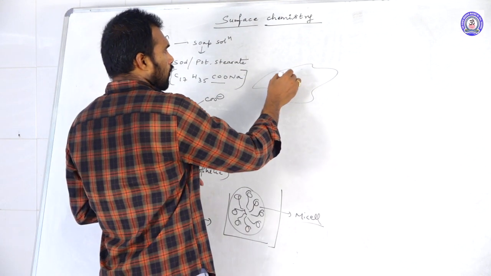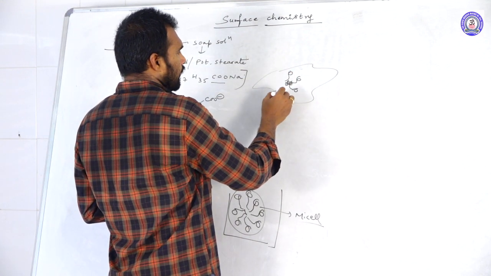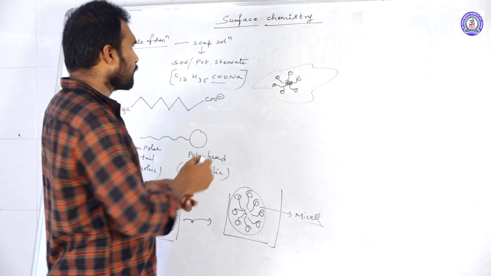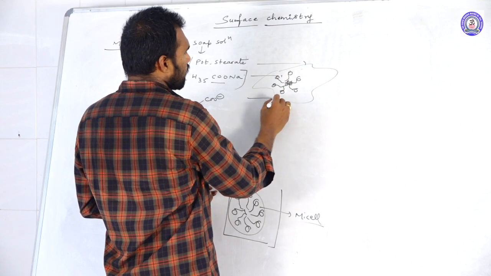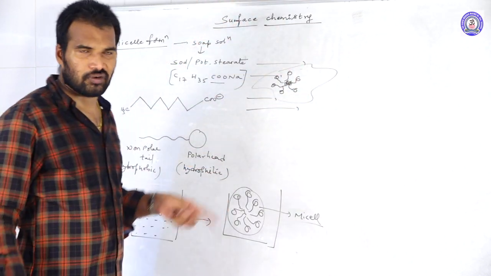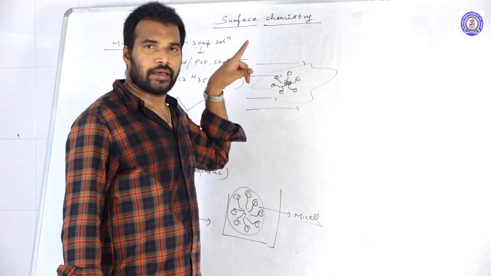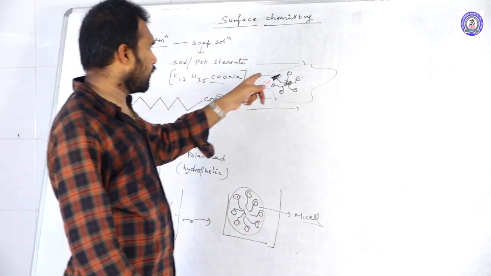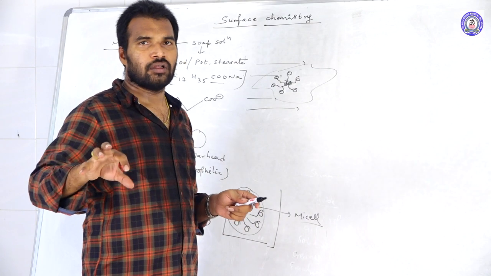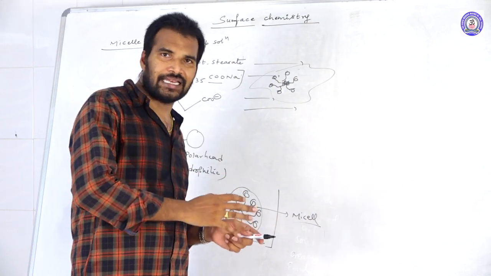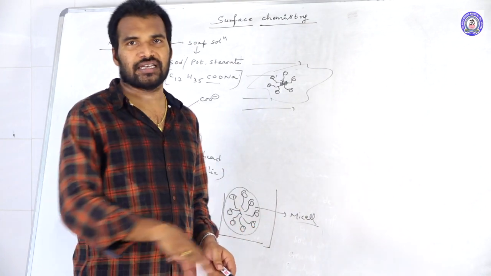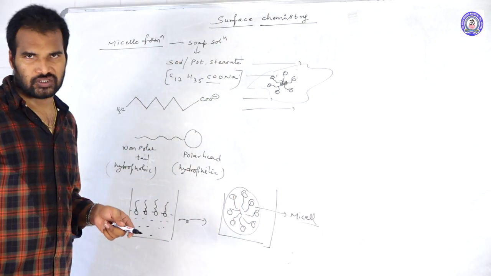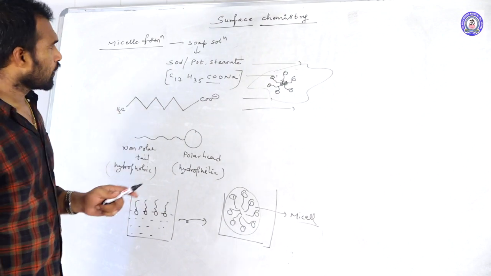So all hydrophobic tails connect to the grease particle. When we wash with water, what is the nature of the heads? Hydrophilic. So along with the water, the heads come, followed by the tails, and the tails are connected to the grease. Like this, we remove the dust particle from the cloth. This is the action of soap in washing.